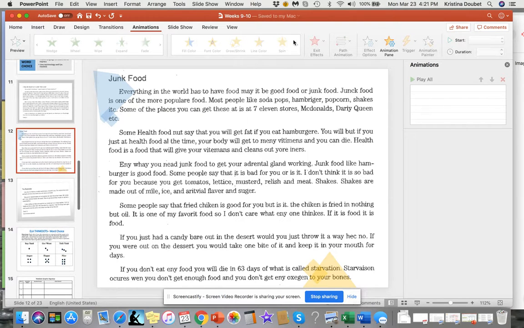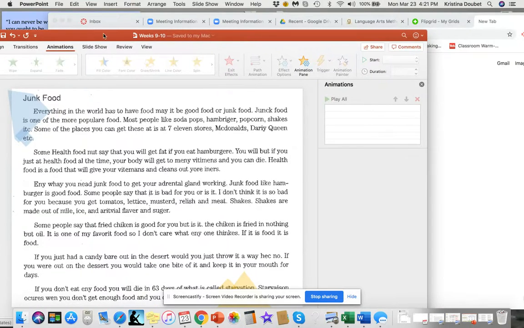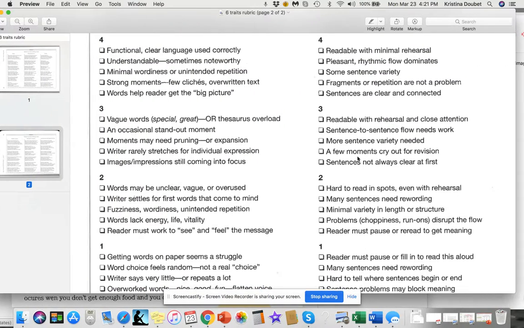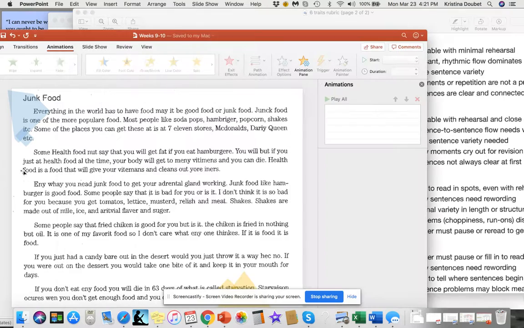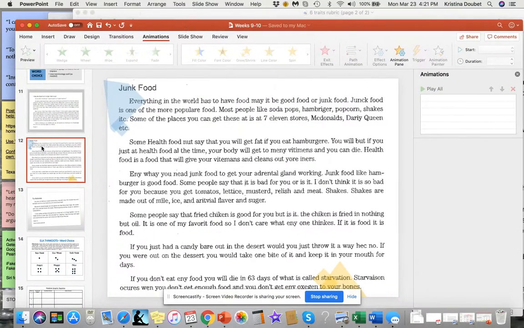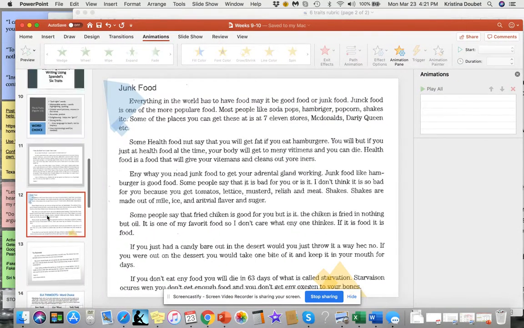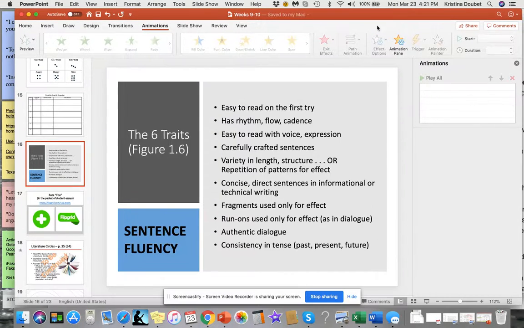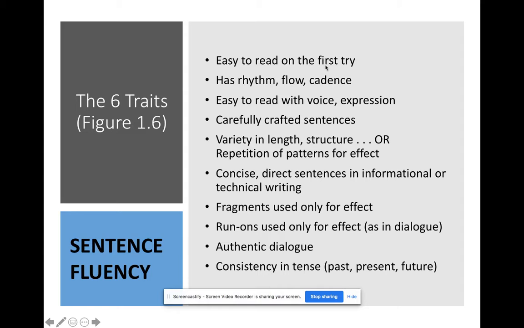If we go to those same two and we look at them in terms of their sentence fluency, sentence fluency is more about easy to read, rhythm, flow, cadence, carefully crafted sentences, a variety of length, concise, direct sentences.